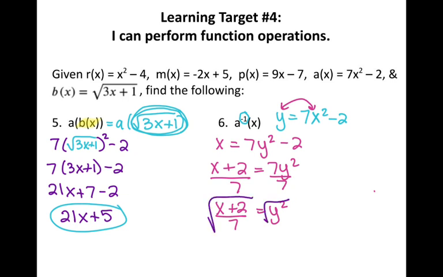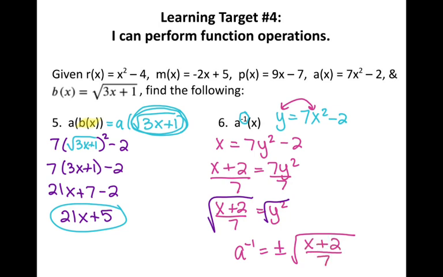Now, when you square root, you typically have 2 answers, a positive and a negative. I don't know why I wrote F. It's supposed to be A. So when I write my final answer, I'm going to do plus or minus, because when you take the square root, it could be a positive or a negative for your solutions. Square root of x plus 2 over 7.